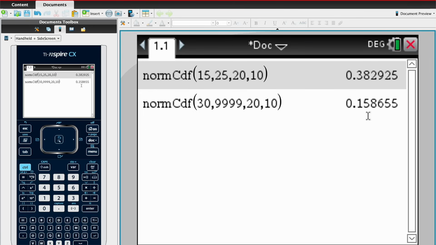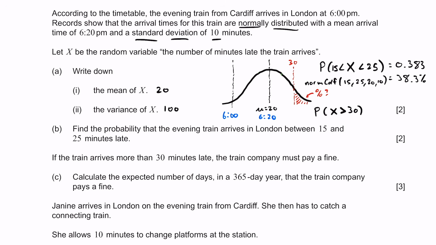So let's go back to the document. I'm running out of space here, so I'll just write this here. The probability that this train arrives 30 minutes late or more is equal to 0.159. And once again, if you want to write calculator notation, that is perfectly acceptable.